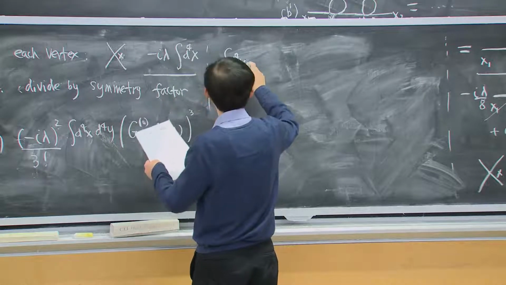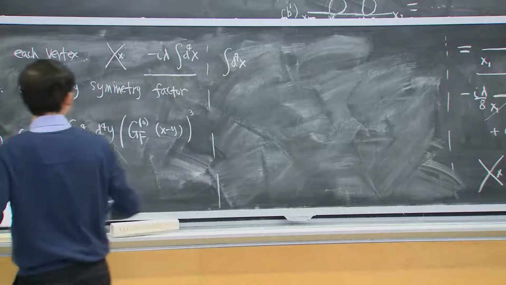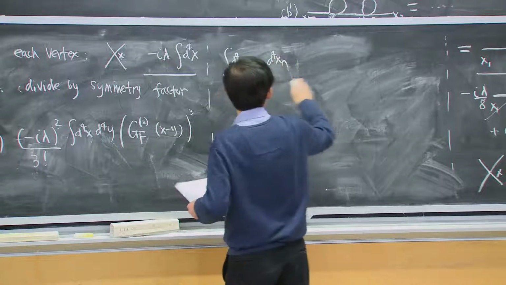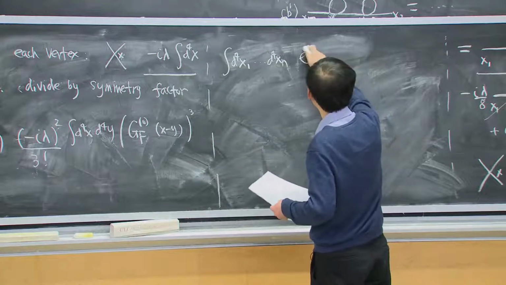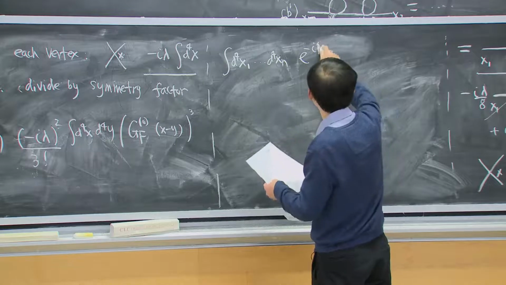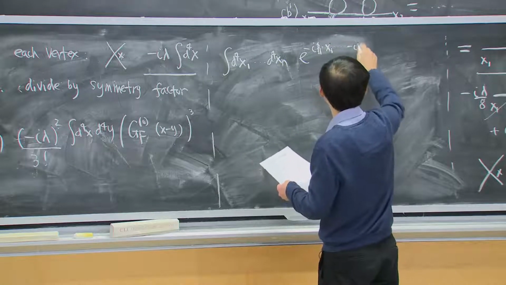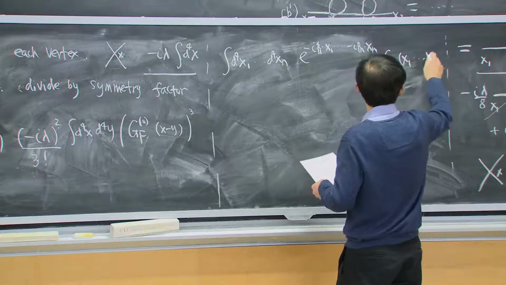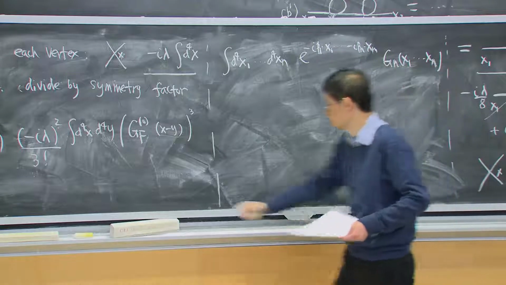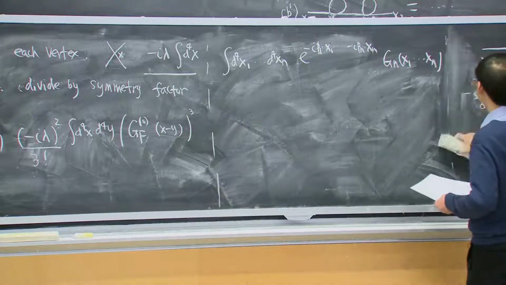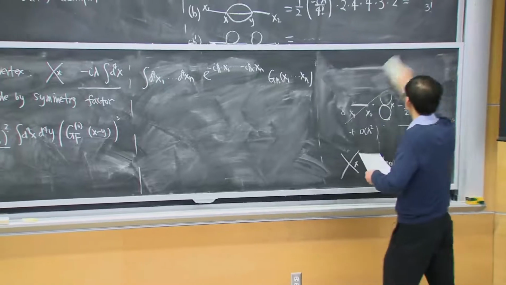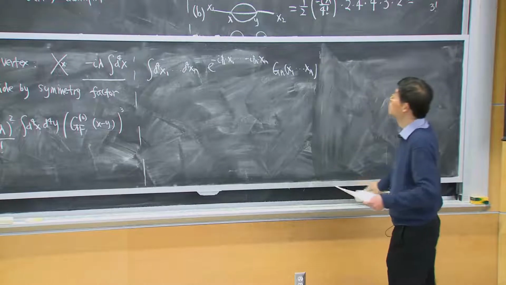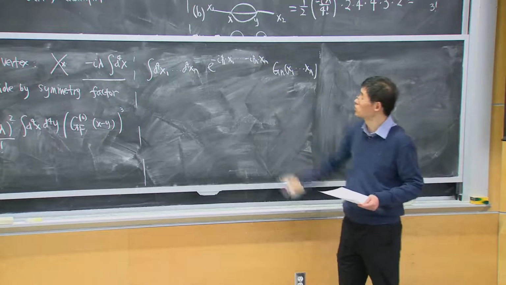Suppose we have an n-point function G_n(x1, ..., xn). So this is just the standard Fourier transform.